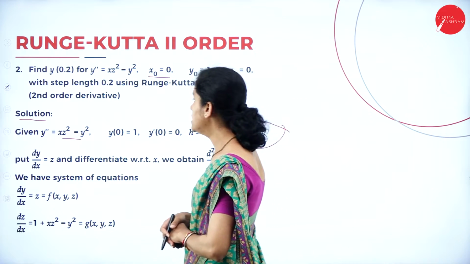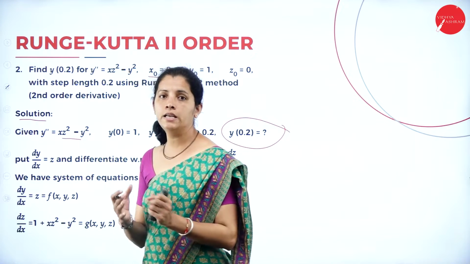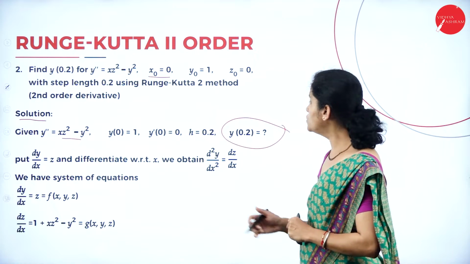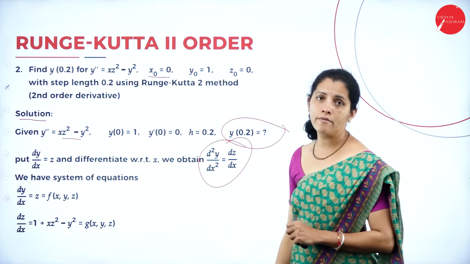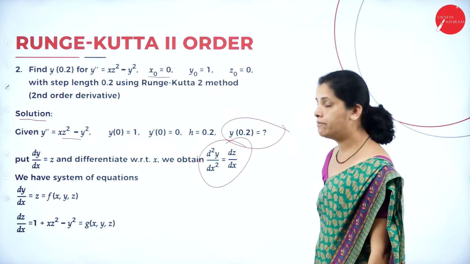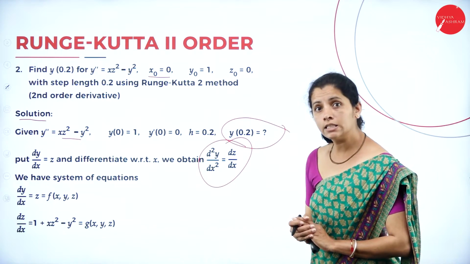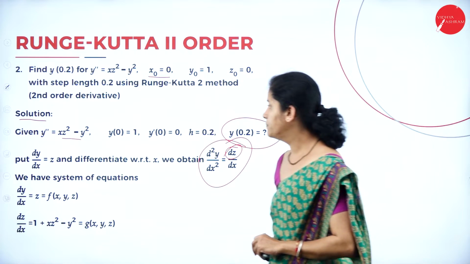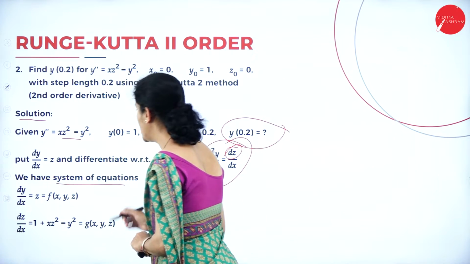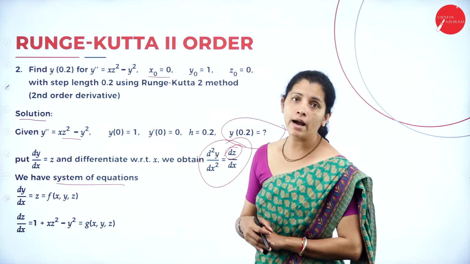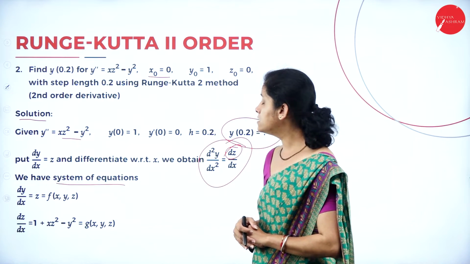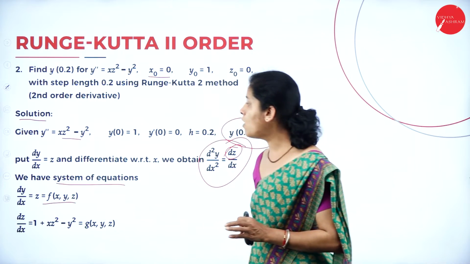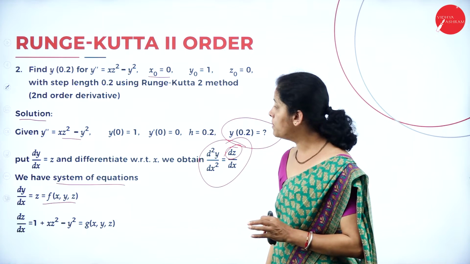Now see here, z is nothing but dy divided by dx, and it's used to obtain the second order derivative d square y divided by dx square, that is nothing but dz divided by dx. We have a system of equations, that is dy divided by dx equal to z, that is equal to a function of x comma y comma z.